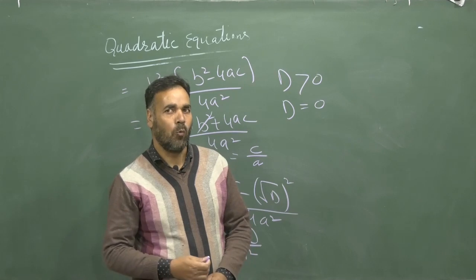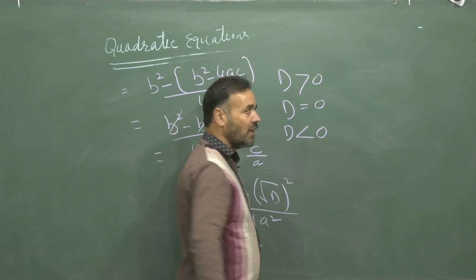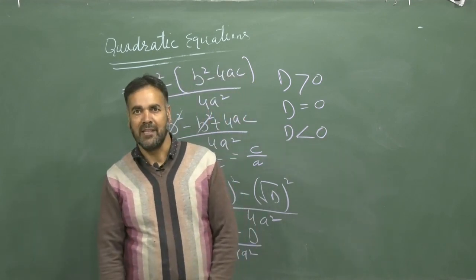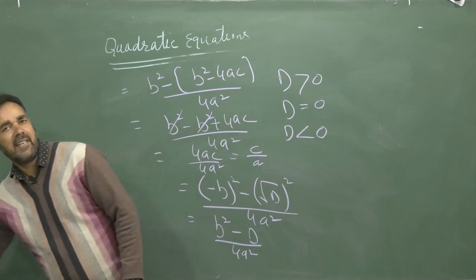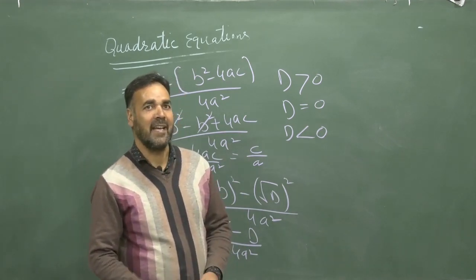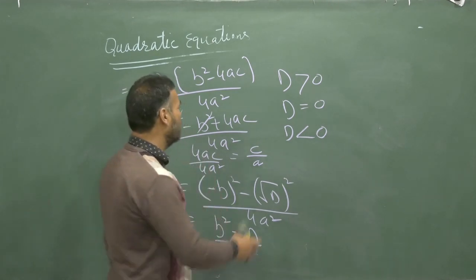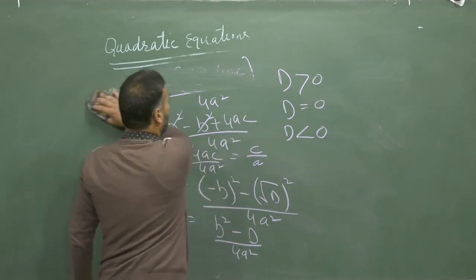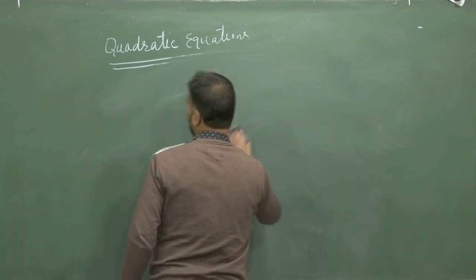And now, when discriminant is less than 0, what about the nature of the roots? Let us discuss this. When discriminant is less than 0, it will have real coefficients, but it has imaginary roots, or we can say it has complex roots. What are these complex roots and how can we prove this when the discriminant is less than 0?